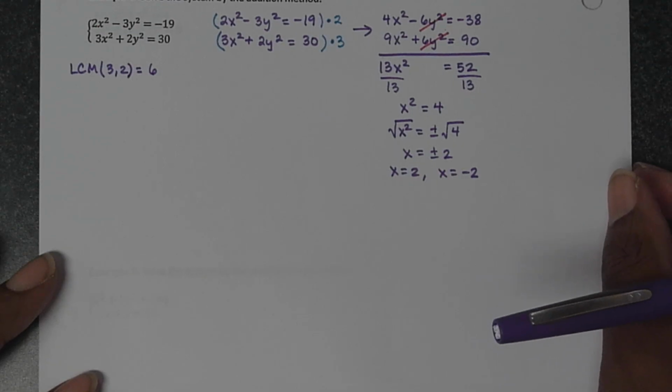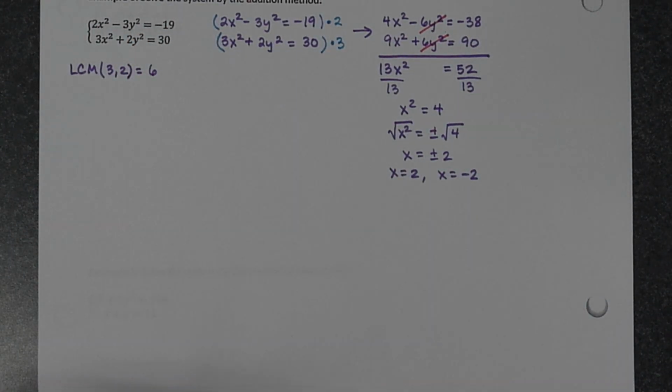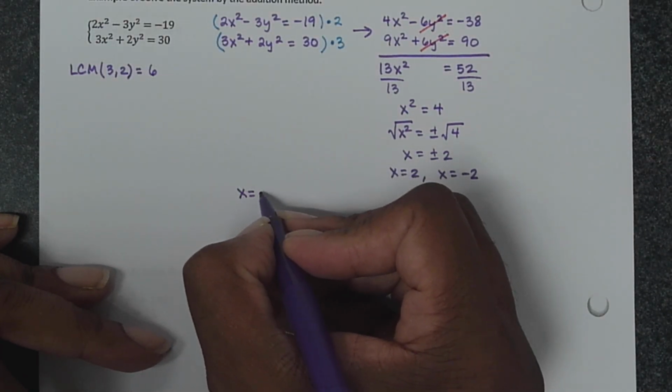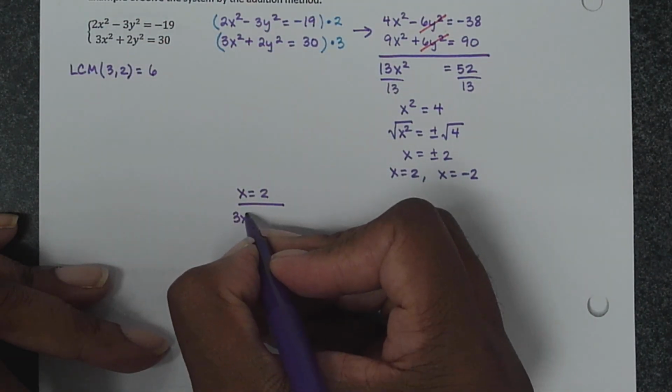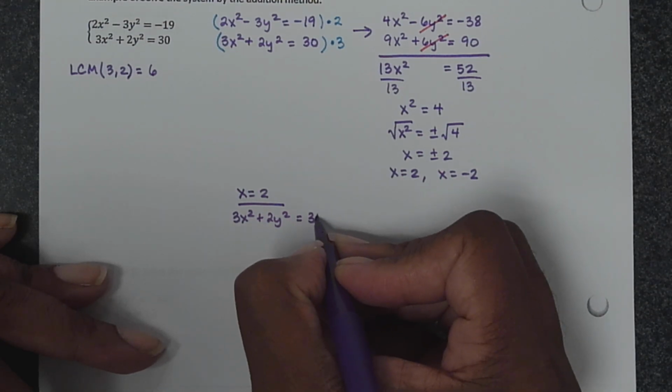And then next I'm going to take either the first or the second equation, substitute my x with negative 2 and x with 2. Let's start off with x is equal to 2. And I'm going to use that second equation, 3x squared plus 2y squared is equal to 30.